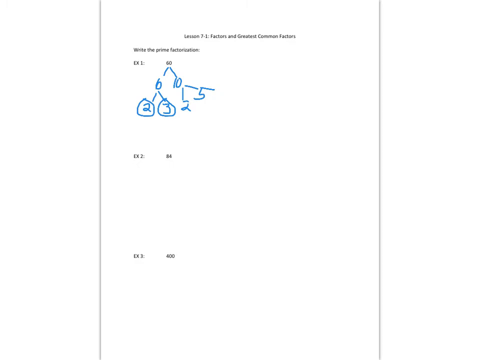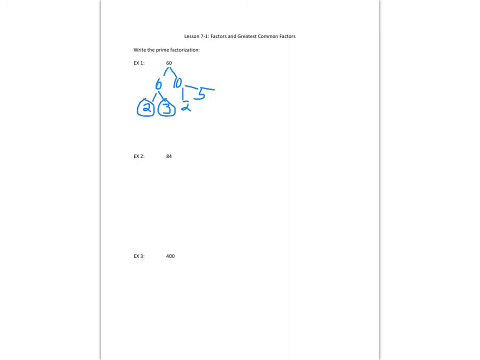Then there are 2 different ways that you could write out your prime factorization. The first way would be expanded form. We always write our primes from smallest prime to highest prime using multiplication dots. So expanded form would be 2 times 2 times 3 times 5. Not my favorite.